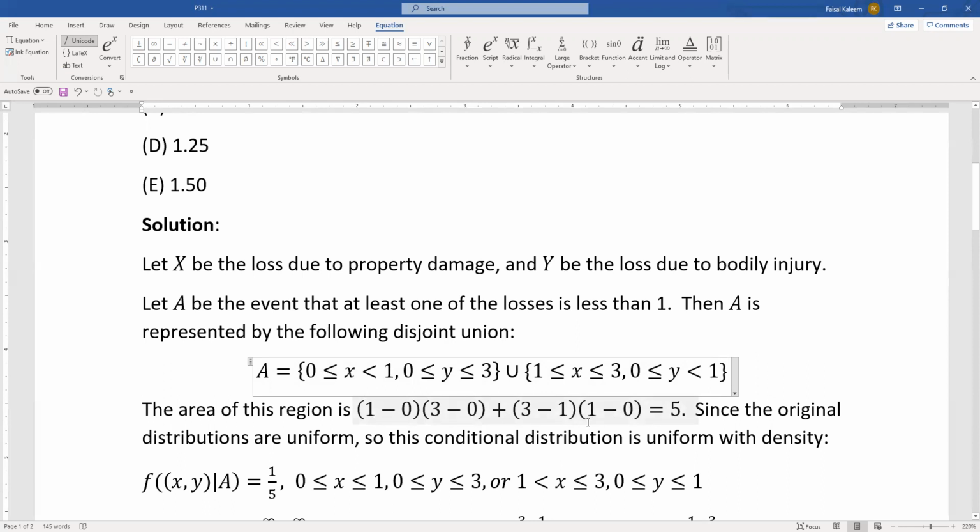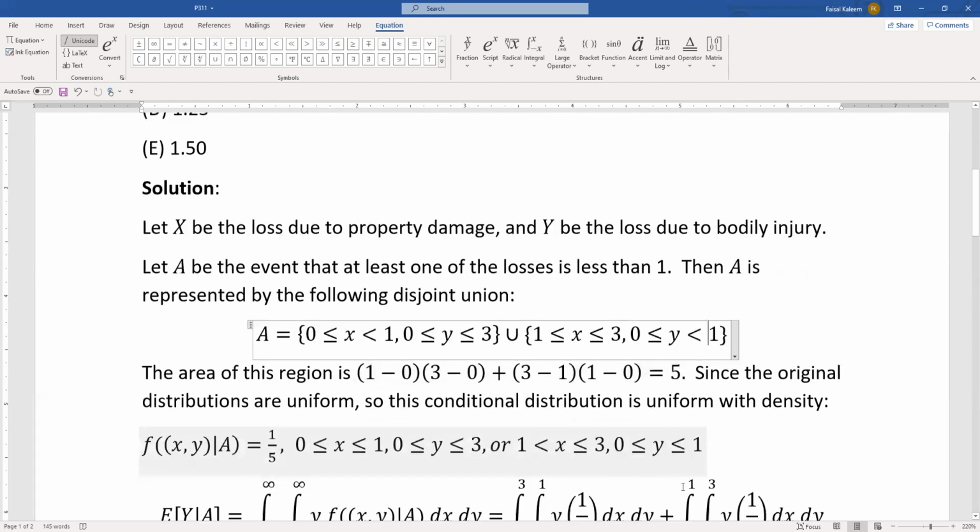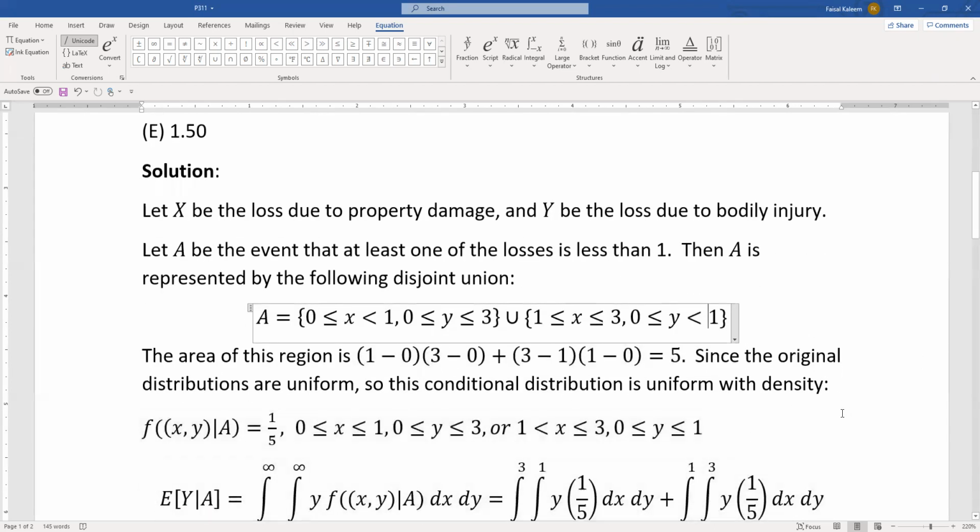So the total area of the region is the sum of the areas of these two rectangles, which ends up being 5. And as we said, original distributions are uniform, so this conditional distribution is also uniform, and the density f of x,y given A is equal to 1 over 5, 1 over the area of the region. And here we are just writing what the bounds of the region are.